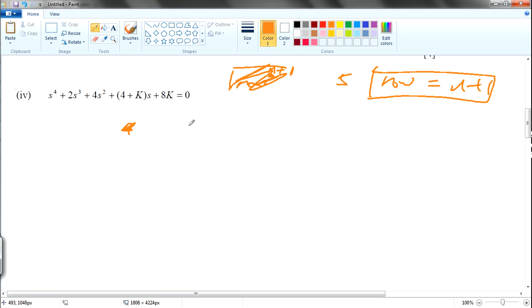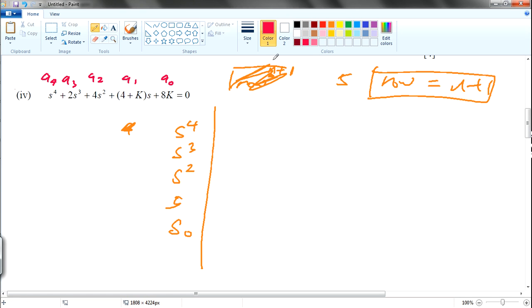Anyway, we have S4, S3, S2, S, and then S0. So we have this over here. And then what we're going to do is plot in my coefficients. This is A4, this is A3, this is A2, this is A1, and this is A0. So let me plot it out.